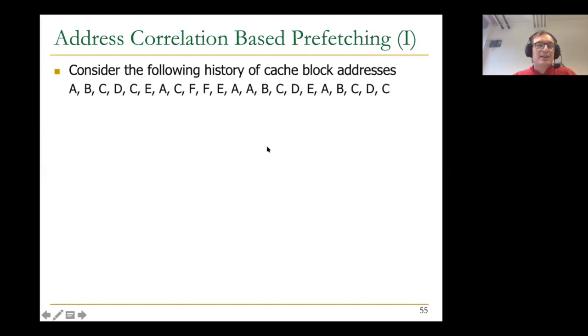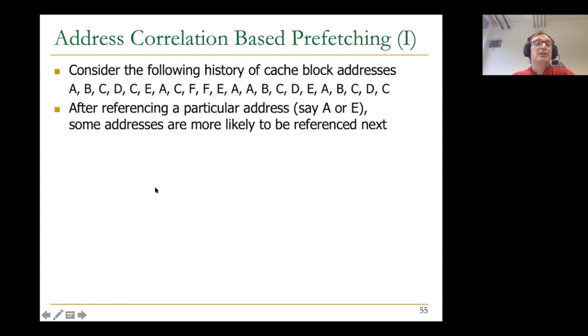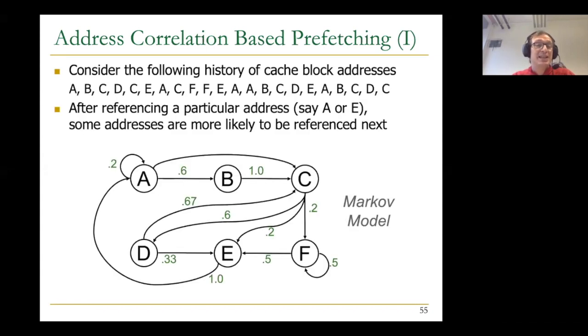So basically, for a given access pattern over time, you can form a Markov table, let's say, a Markov model. So after referencing a particular address, some addresses are more likely to be referenced next. And you can figure this out by keeping track of what you've seen after you referenced one address, and by connecting them using what's called the Markov decision graph or Markov graph, or also Markov model.